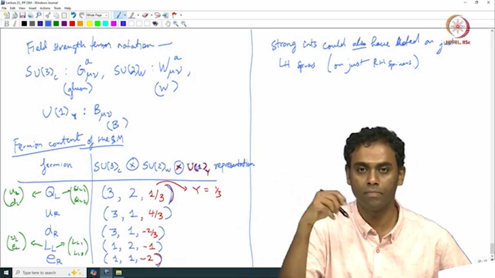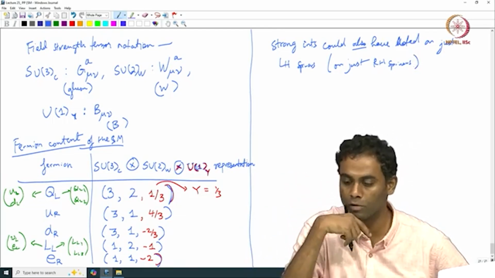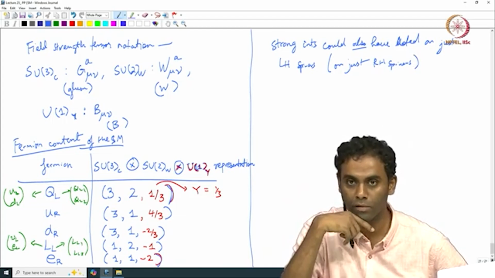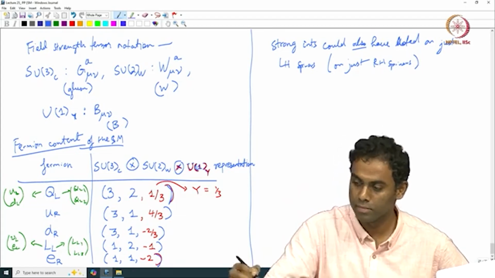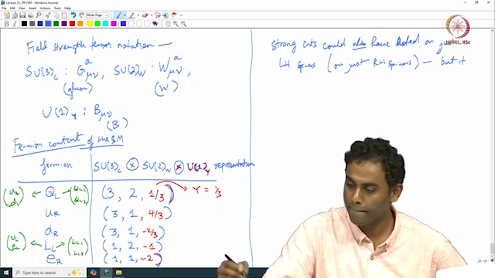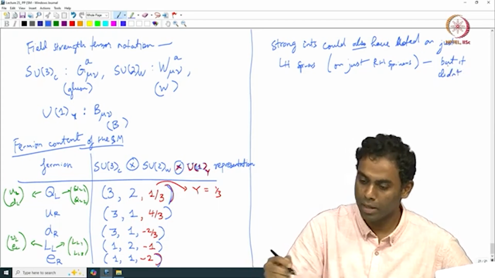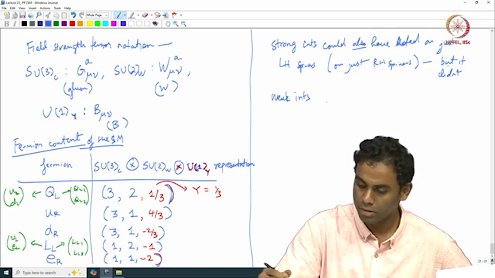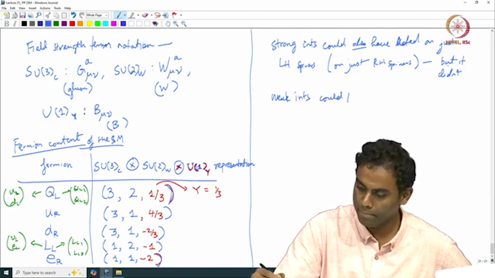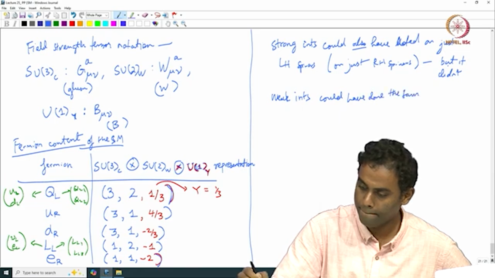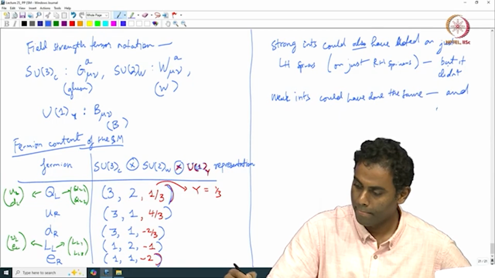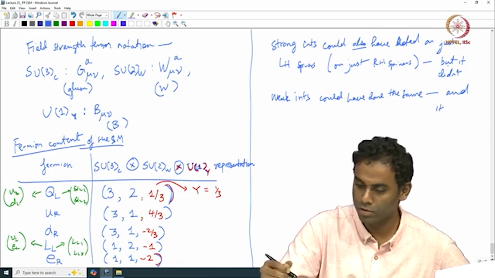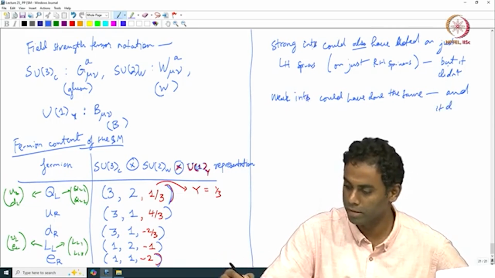There's absolutely nothing a priori that forbade the strong force to do this, right? But it didn't. And similarly, the weak interactions could have done the same, and they did.